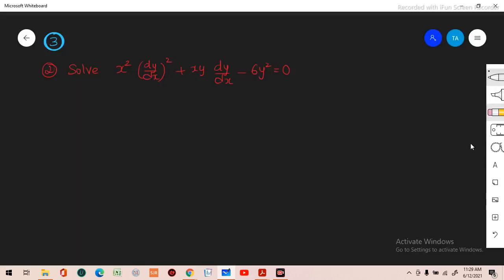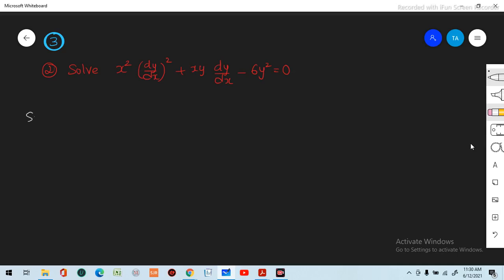They may ask in terms of p also, in terms of dy by dx also, but you should be able to identify that the equation is solvable for p. How do you identify? You have to look at the p term. If p square comes, it is a quadratic. If p cube comes, it is cubic, if p power 4 comes, it is quartic. You have to analyze like that.